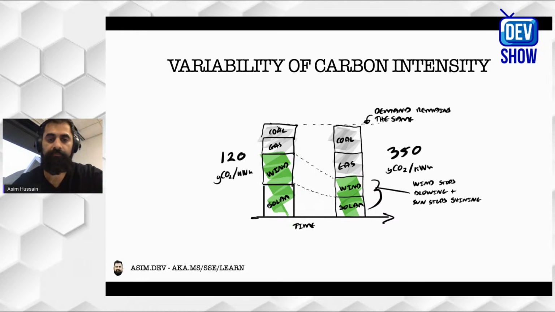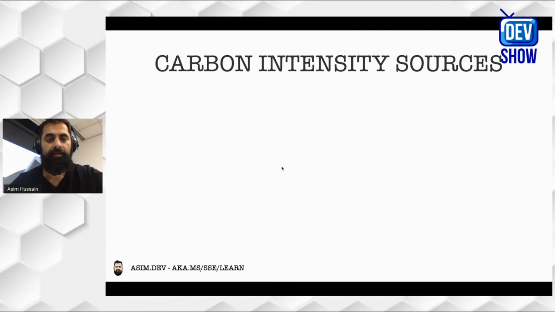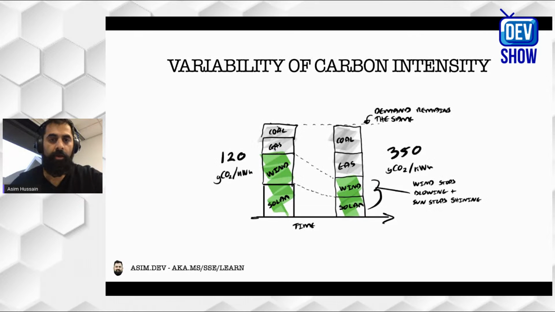And that makes renewables really interesting and really challenging as well. Wind and solar is free energy. You would always take that electricity if it was given to you, because it's free. Why would you not have that? But coal and gas you have to burn, so you probably don't want to.